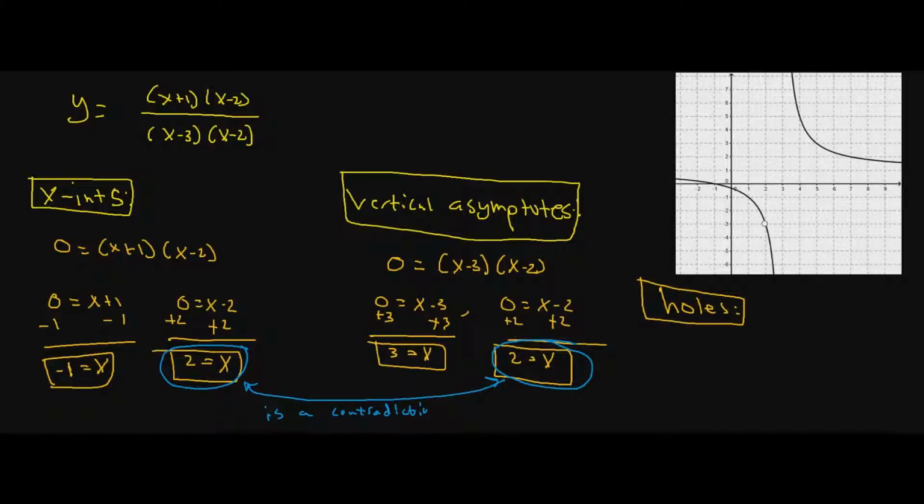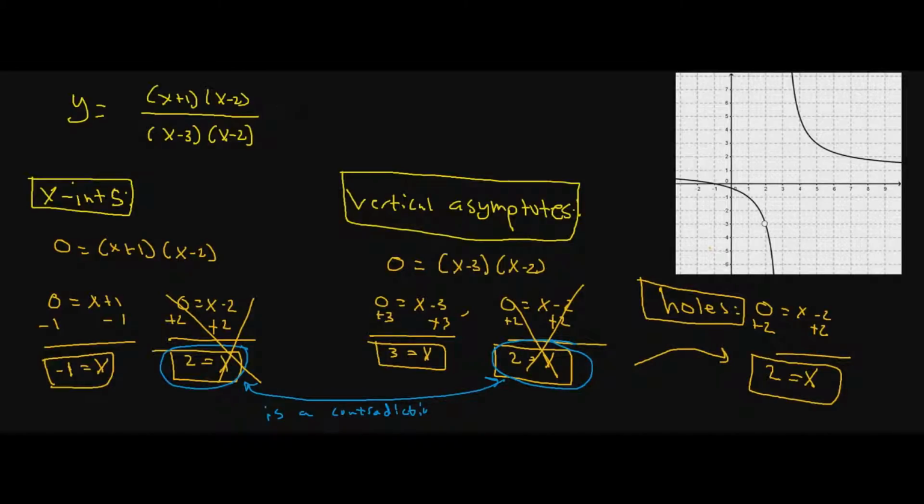We can't be either one of these, and that's where you're going to see the hole. So in reality, the hole is at x equals 2. It's not a vertical asymptote and it's not an x-intercept. When we get this contradiction, we can cancel them out and put in this new section and say it is a hole.